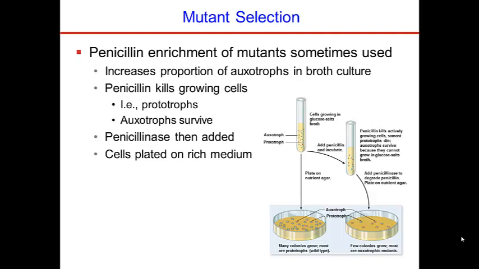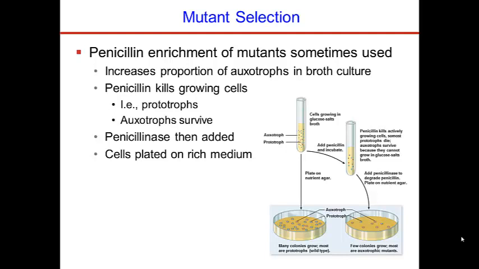Enrichment is an isolation technique that involves culturing cells and adding a bactericidal agent, such as penicillin, that is only effective against dividing bacteria. The prototrophs will begin growing and suicide themselves upon the penicillin, while the auxotrophs will stay dormant because they are lacking a nutrient that they need in order to start growing.